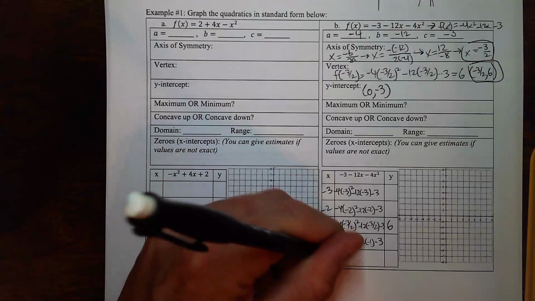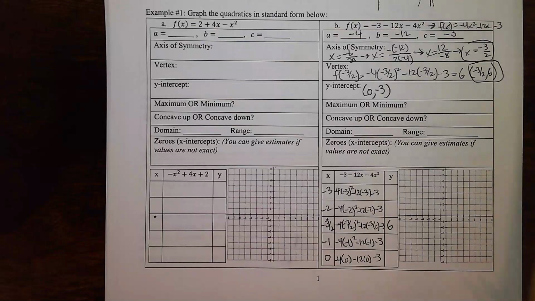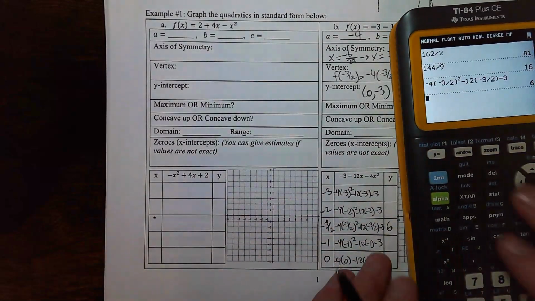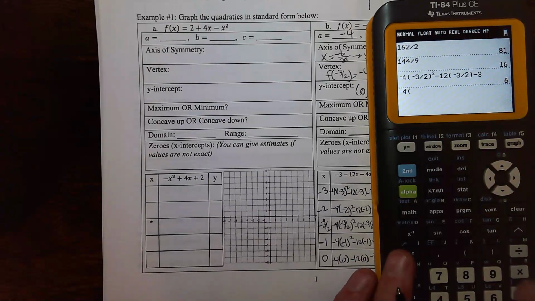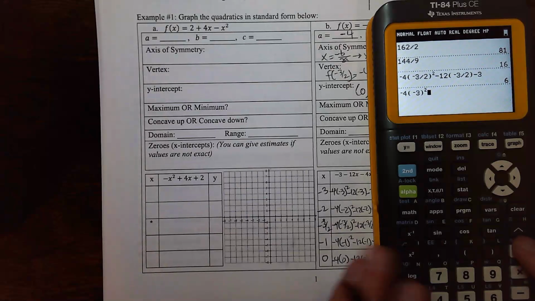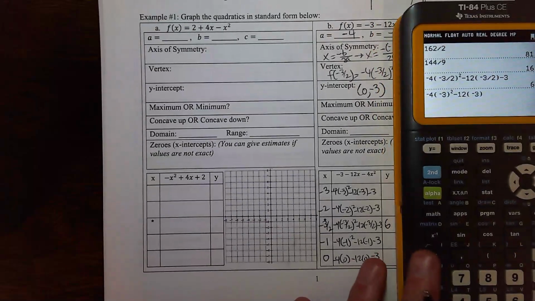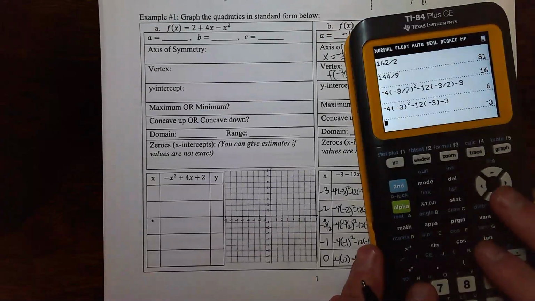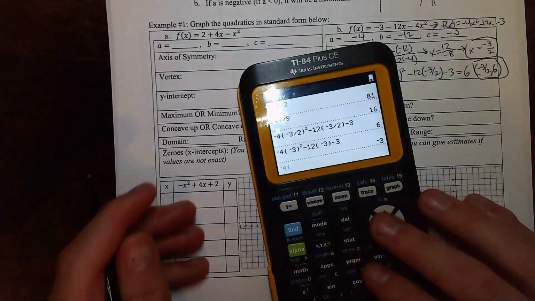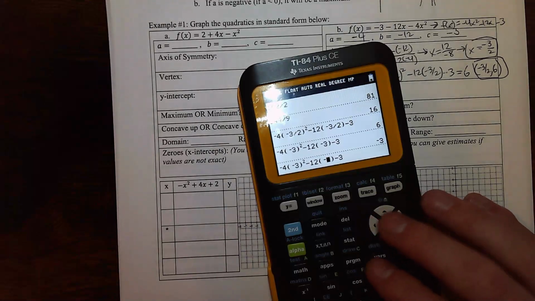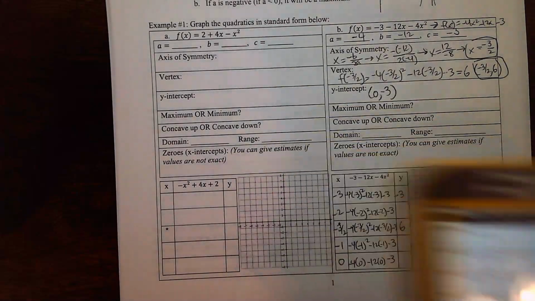I'm just plugging these x values into my function to find the y. So I could go back up here and do it again. Negative 4 times negative 3 squared minus 12 times negative 3 minus 3. So it's negative 3. We'll press enter, press up, press enter, and change the negative 3s to negative 2s. So I get 5.